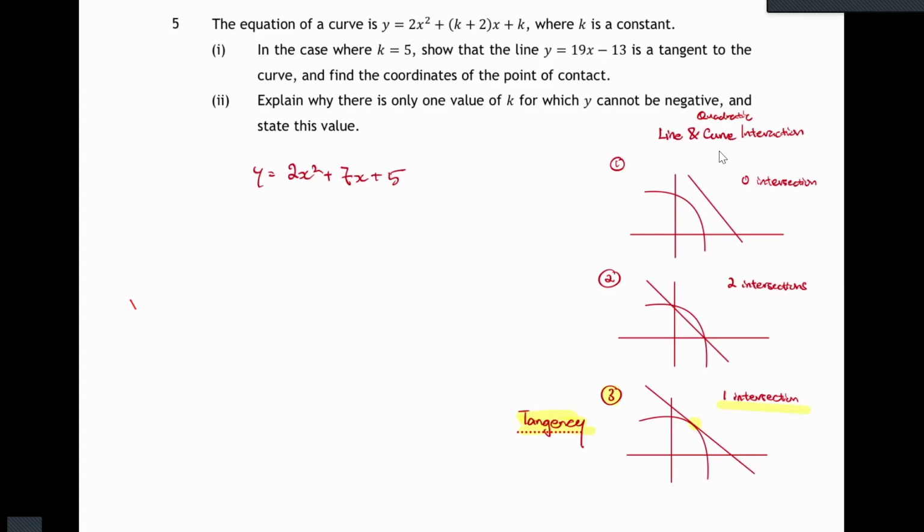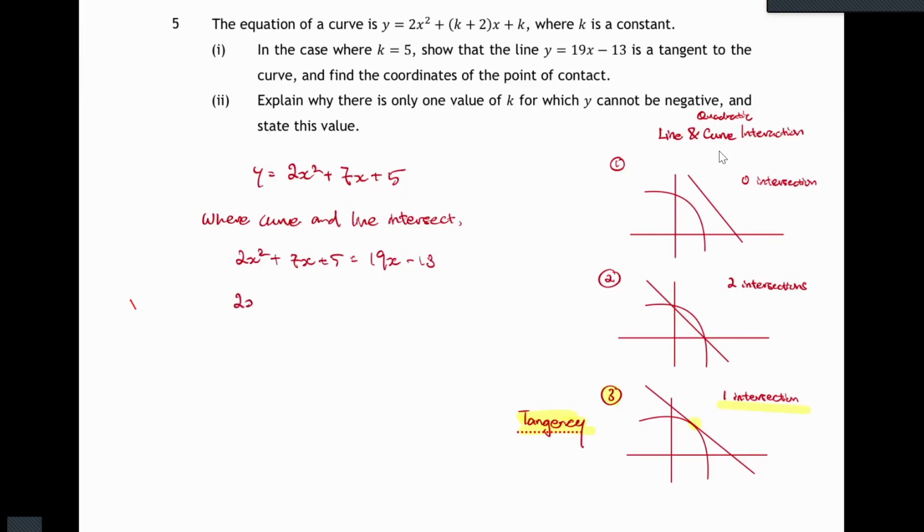So we try to equate. Where the curve and line intersect, we will have 2x squared plus 7x plus 5 equals 19x minus 13. Clean this up a bit.